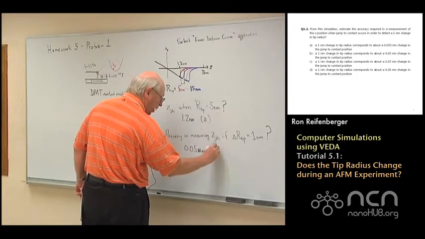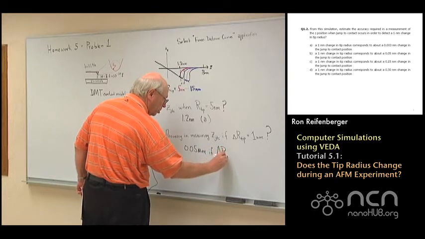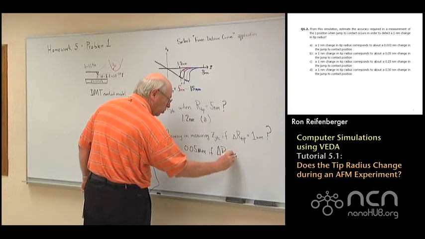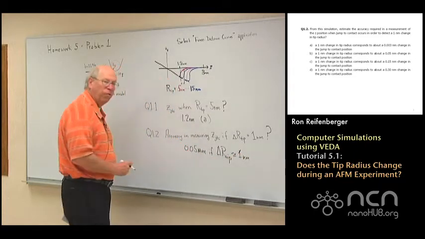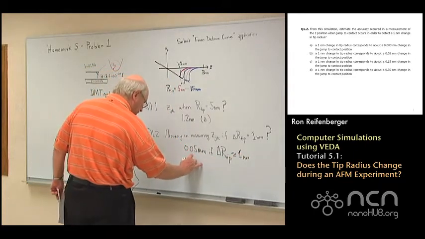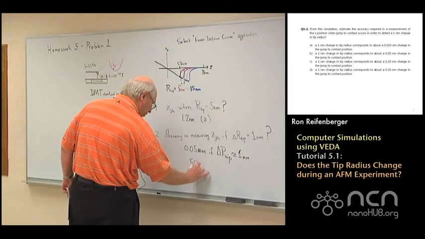If the change in the tip radius is on the order of 1 nanometer, right? So 0.05 nanometers, that's 50 picometers, right?